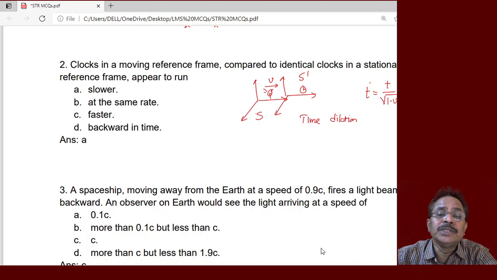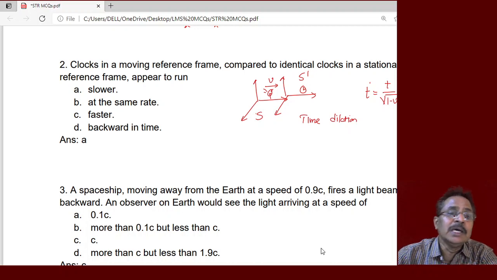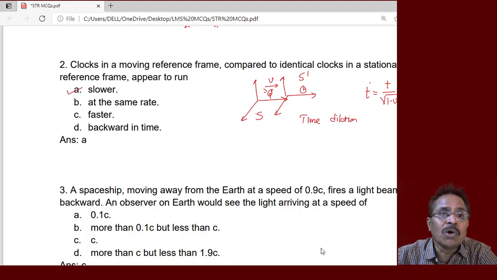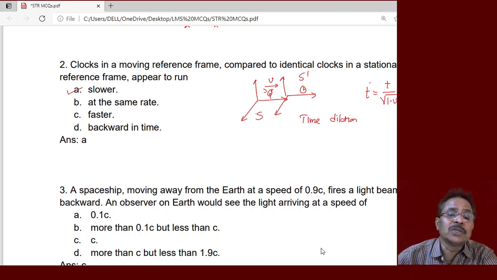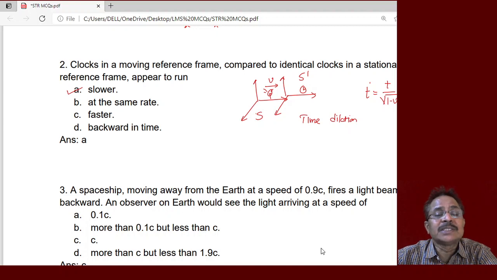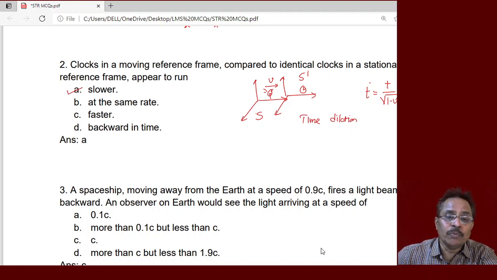That means it will measure its time at a slow rate, and therefore the correct option of this question number 2 is slower. The clock in motion always runs slow. It measures time at a slow rate. That is to be understood, and that principle is called time dilation. So a clock in motion runs slow.